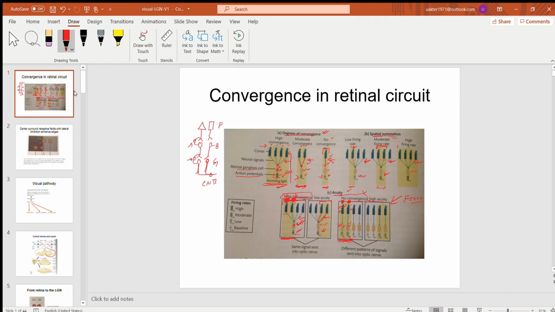Makes sense? In the outer part, as you move to the outer part, more convergence and less acuity. Okay. So this is actually showing how the connectivity in the retina can activate the ganglion cells differently.